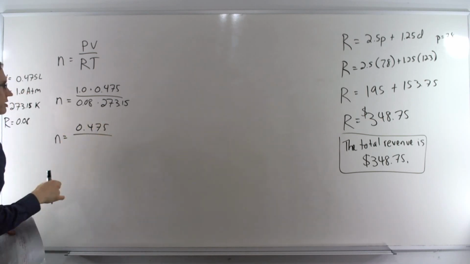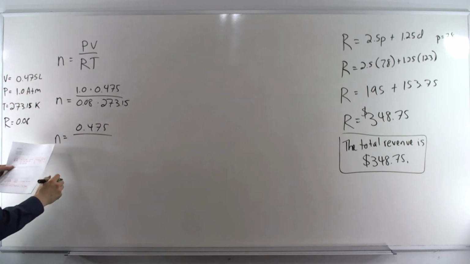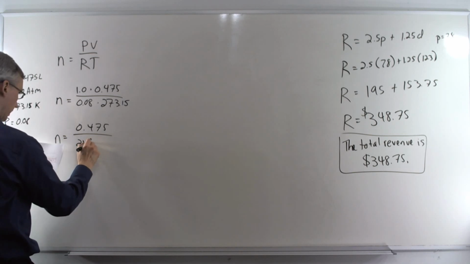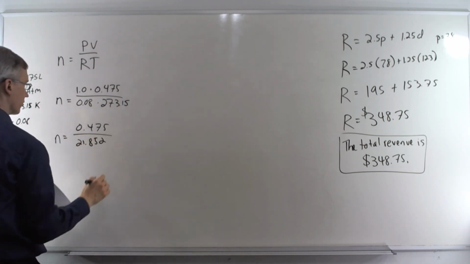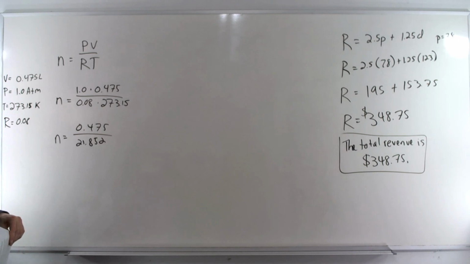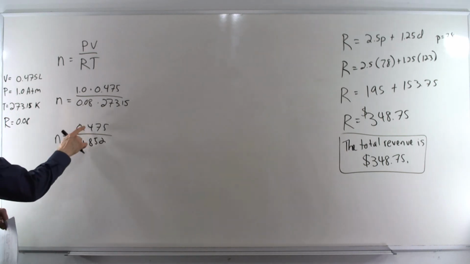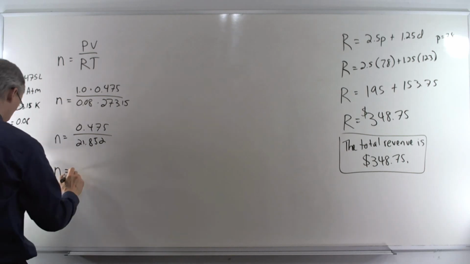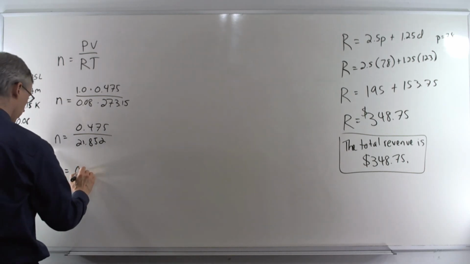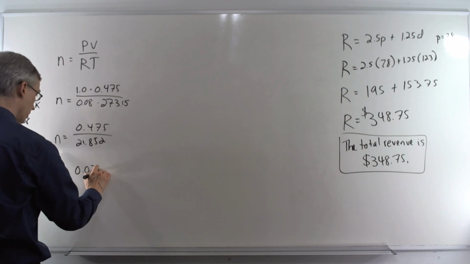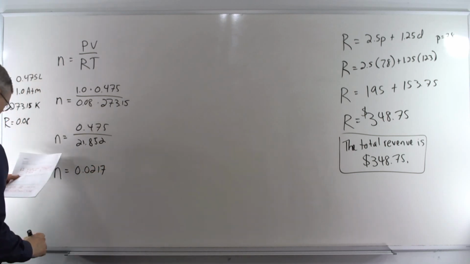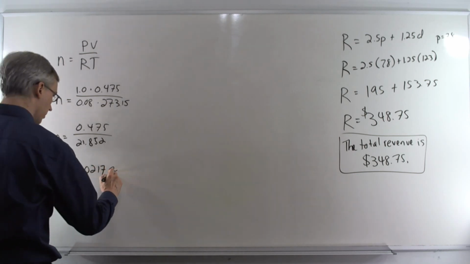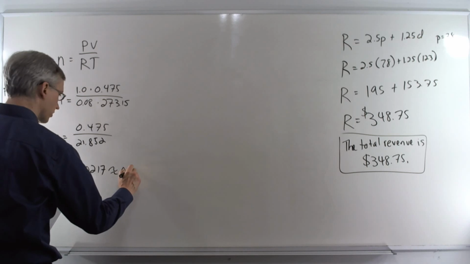And the bottom, 0.08 times 273.15 gives us 21.852. And now, since we're down to a single number on top and a single number on the bottom, we can divide it out. And we get n equals 0.0217. And we can round that to about 0.02.